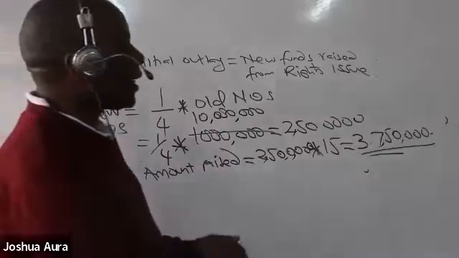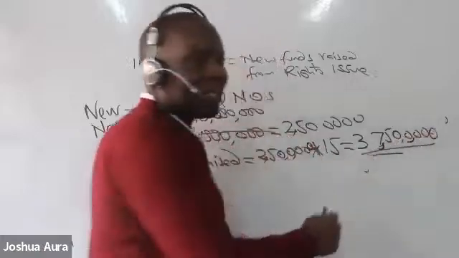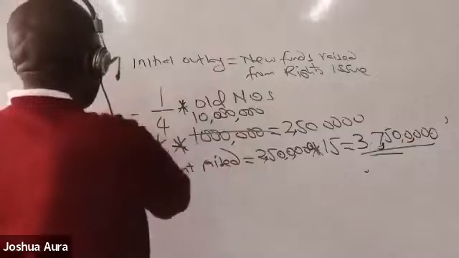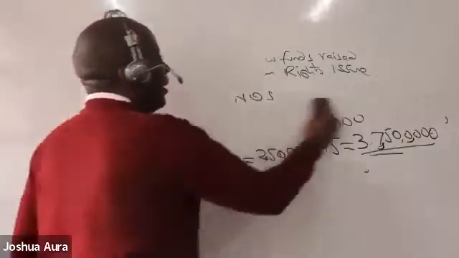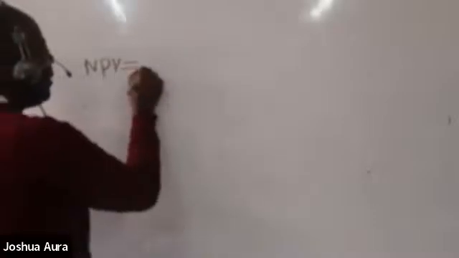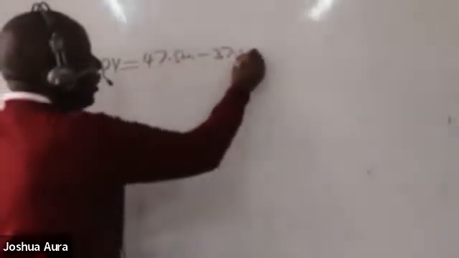And if we do that, then we shall be able to raise how much here? 37,500,000, in thousands, isn't it? And therefore, what will the net present value be? The net present value here will be 47.5 million minus 37.5 million, isn't it?